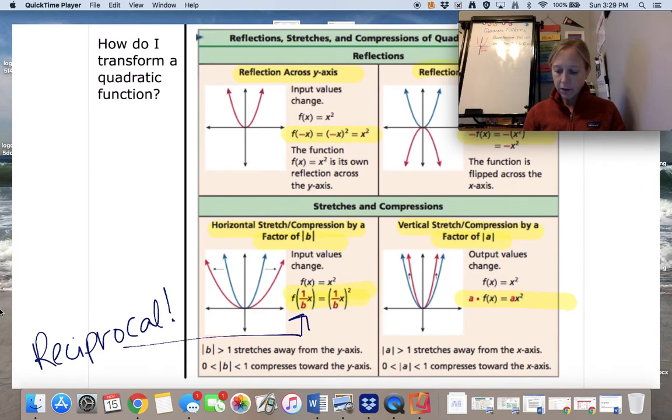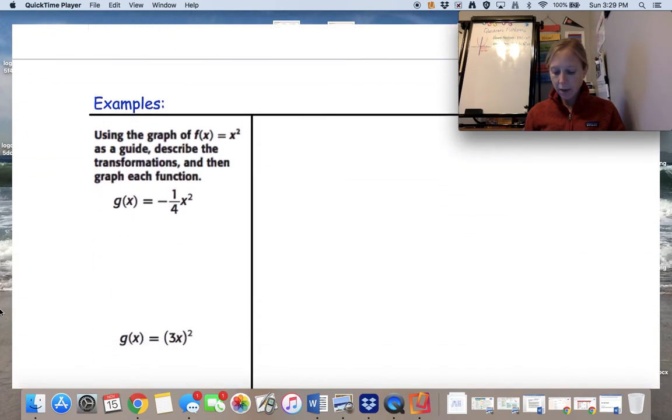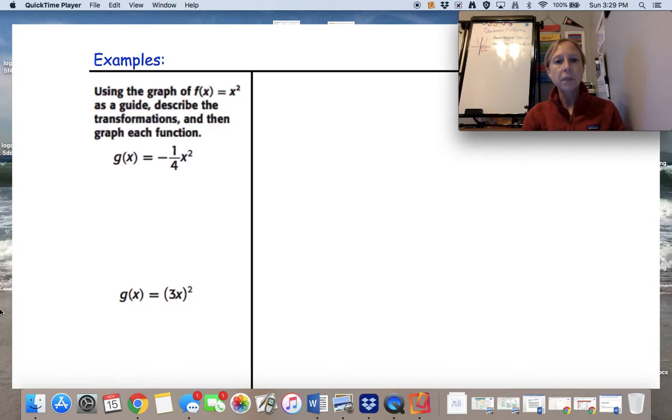Okay, so let's try a couple more of these. We're going to use our parent function as our guide. We're going to describe the transformation and then graph each one. All right, our first thing, remember our parent function is just this x squared. So I see two things, okay? I see a negative sign in the front, and I see a 1/4 in the front.